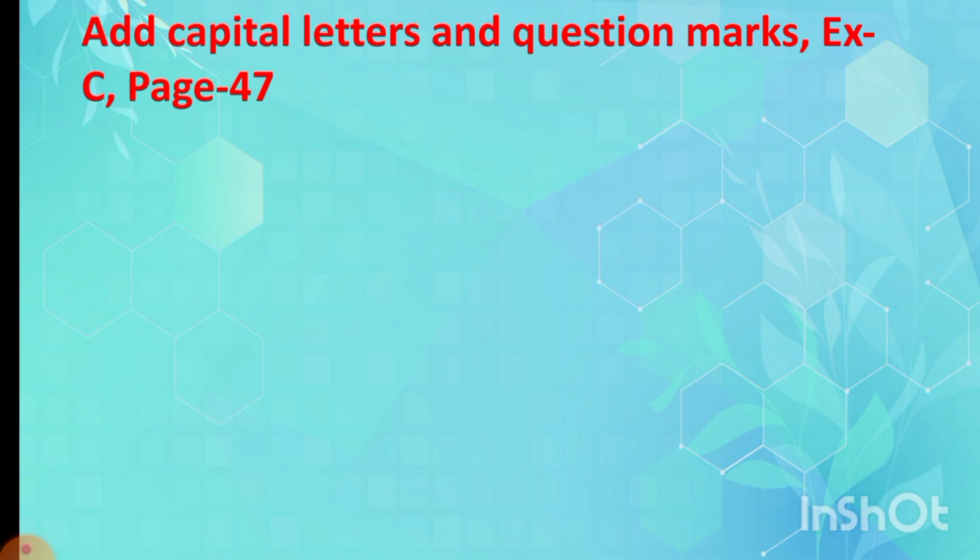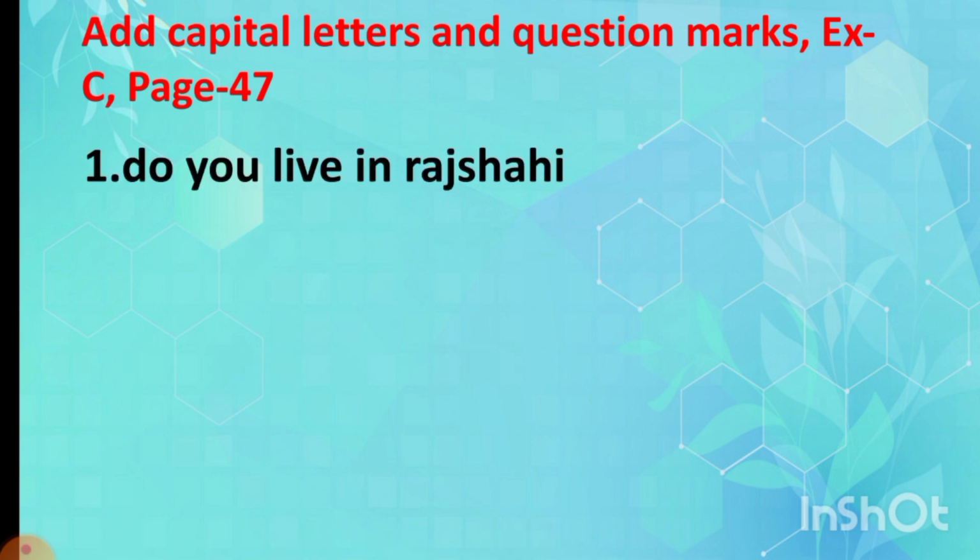Now, all of you go to exercise C, page number 47. Add capital letters and question marks. What do you have to do? You have to add capital letters and question marks. So all of you take a pencil, you have to do it. Number 1.